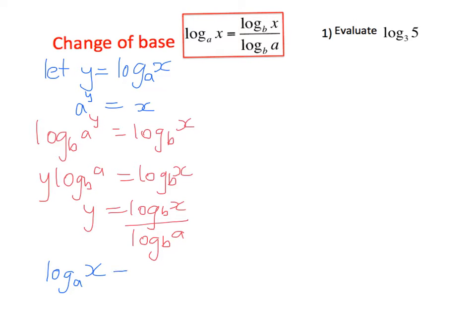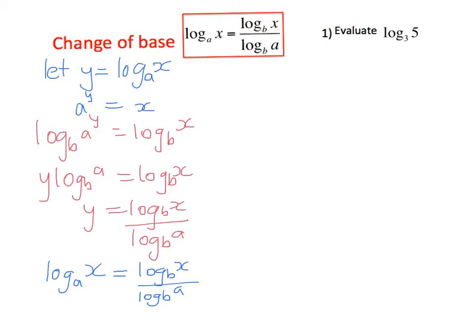So log of x base a is equal to log of x base b divided by log of a base b. And for log b, if you choose b to be either, say, base 10 or base e, then you can do this on the calculator, which allows you then to work out log of any number with any base. So that's the change of base formula there.